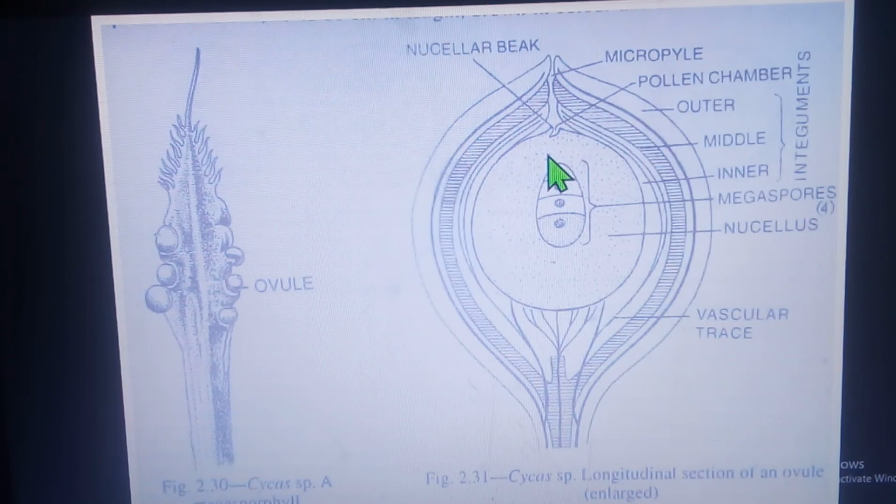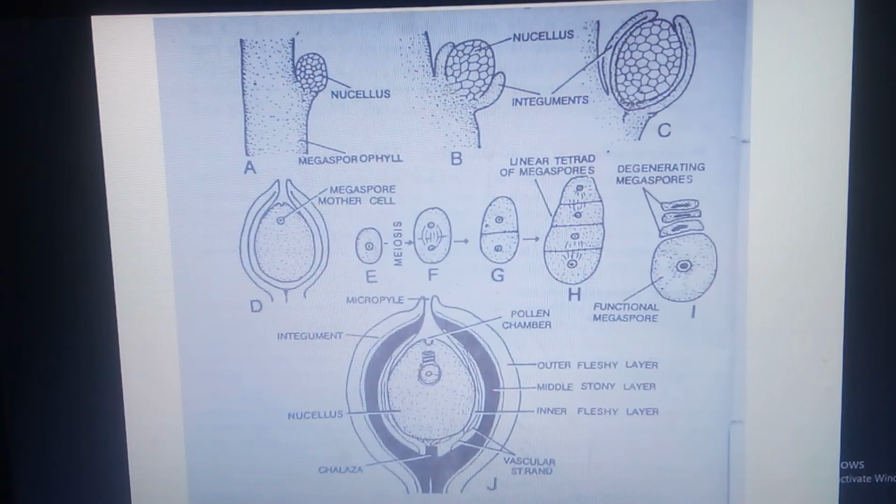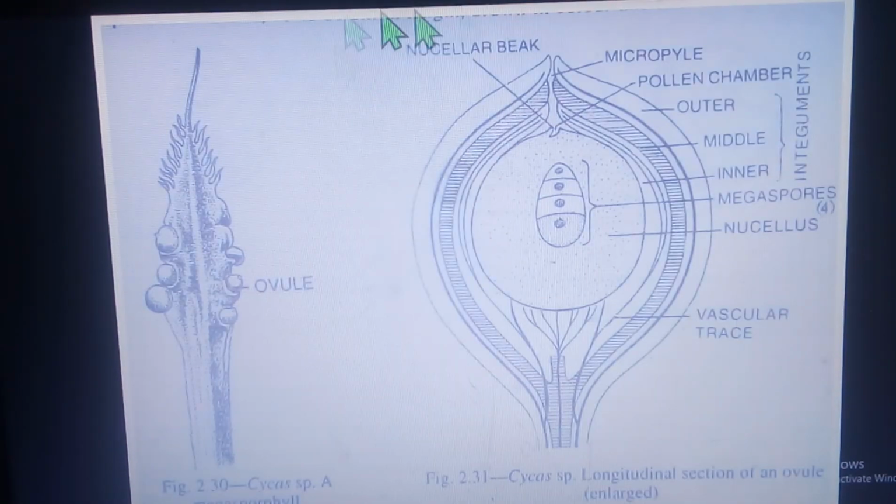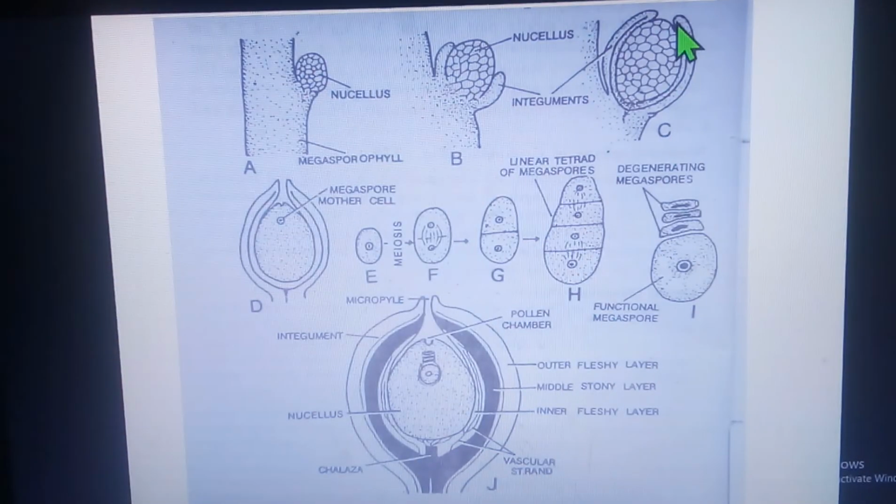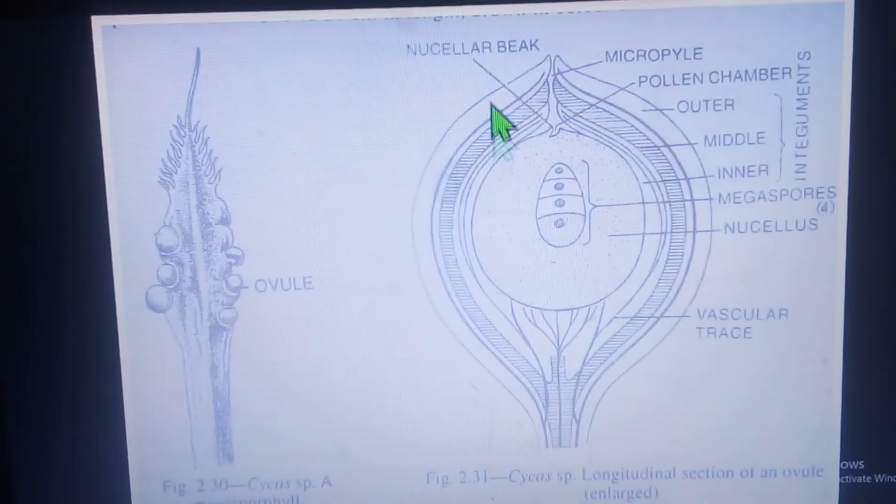So here we see the integument in this figure. You can see the integument forming here in figure B, C and D. Later on, this integument will differentiate into 3 layers, as I mentioned before.